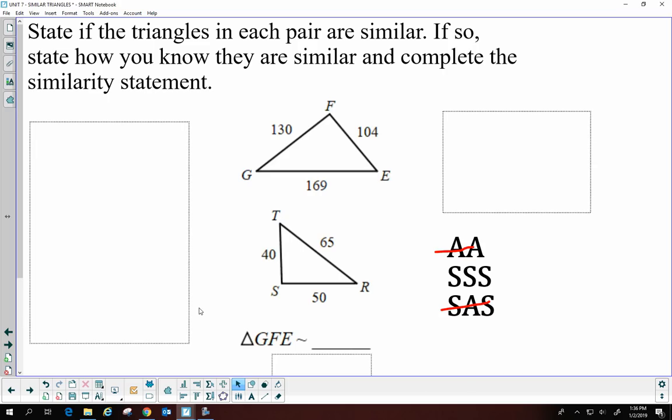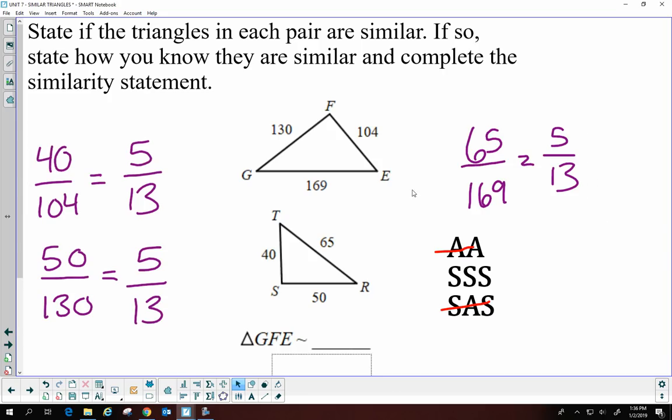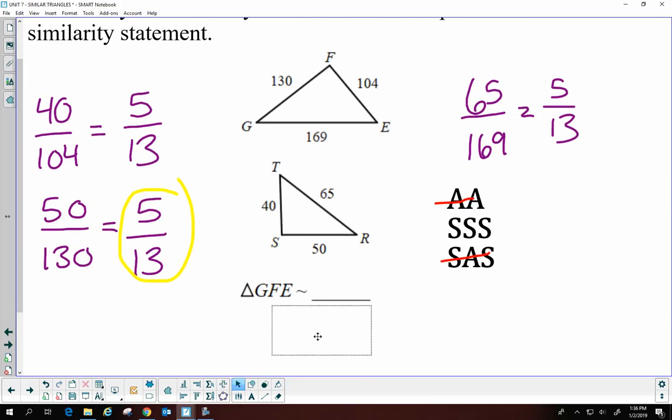So we just need to match the side lengths up, the smallest in each and the largest in each, and then the medium in each. And we'll write those fractions. And again, all of our fractions simplify to be the same thing, 5/13. And that's our scale factor, which we'll talk about in the future a little bit more. And so these two triangles are similar by side, side, side.